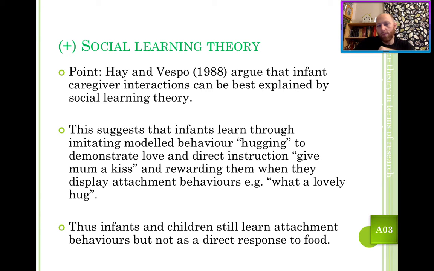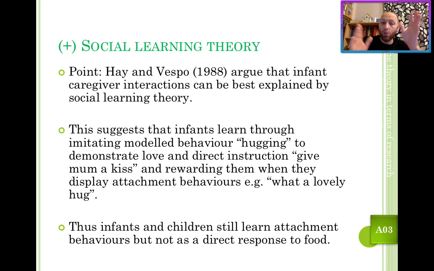It's worth mentioning that social learning theory, according to Hay and Vespo, may provide a stronger explanation for attachment. They argue that caregiver interactions can best be explained by social learning theory. They suggest that infants learn through imitating and modelling behaviour, hugging, kissing, stuff like that.